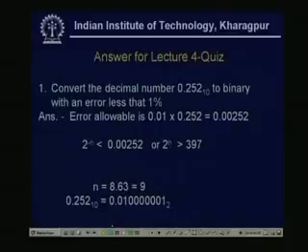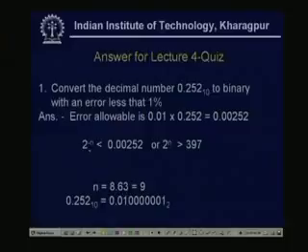Now, the truncation error, that means when we convert the decimal number to binary, up to what digit we will convert it. If it is up to n bits after the decimal point, then we know the error is 2 to the power minus n. Last lecture we discussed that thing. So, this error should be less than this 1% error, that means 0.00252.